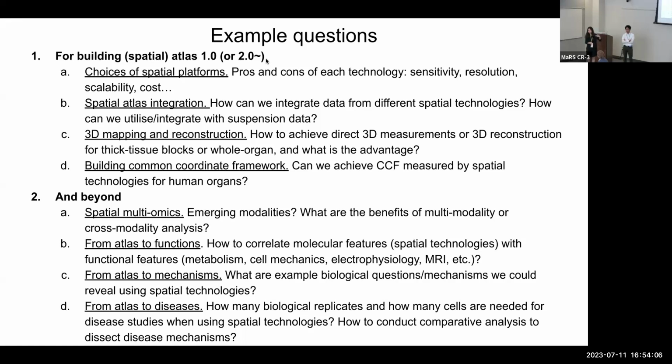Besides what we can measure, when we're talking about the 3D reconstruction and the CCF, we probably also need to talk about what volume we are talking about. How can we evenly sample the human organs as fast as we can, but with good coverage? So probably we can switch to that topic to make sure we can finish the whole list.